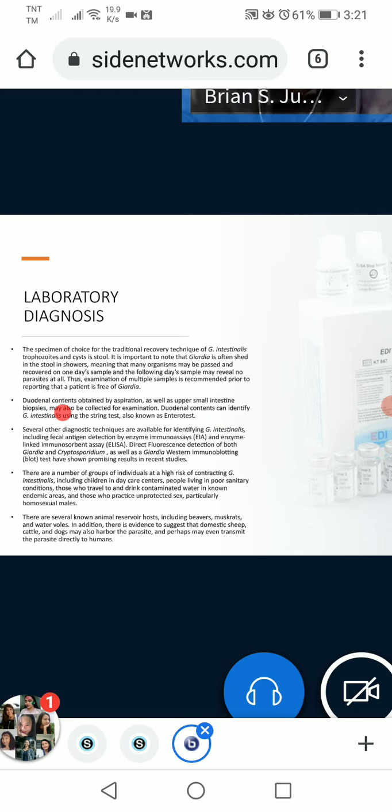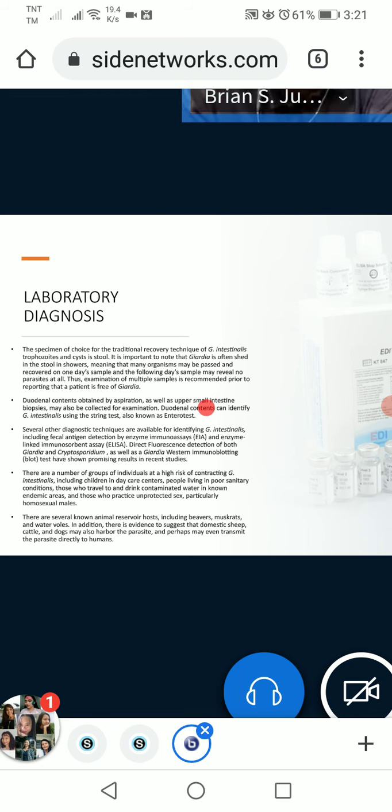Remember the Entero-Test? You swallow a capsule with a string attached, and then you collect a sample from the intestine, and then the string is pulled back. The newer Entero-Test is like a sponge, so that you can collect a sample from the duodenum.